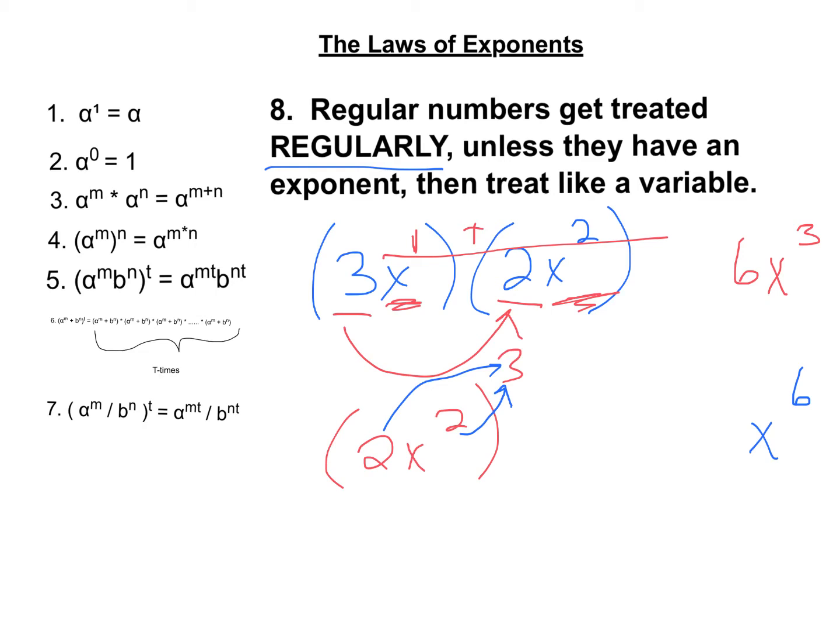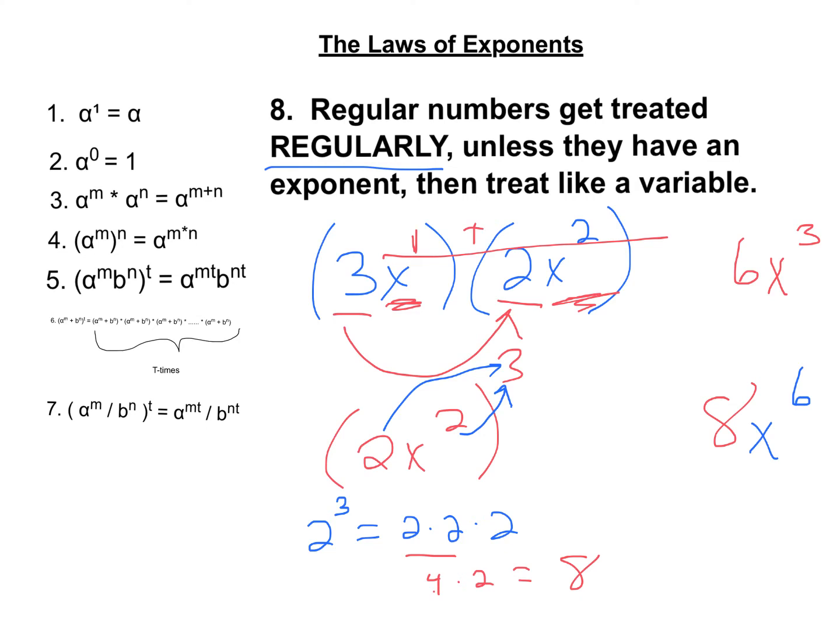Remember, this is a regular number, so we're going to treat it as a regular 2 cubed, or 2 times 2 times 2. And then people say, well, gee, that's still 6. No, it really isn't. Because 2 times 2 is 4, then 4 times 2 is 8. So you've got to be careful.